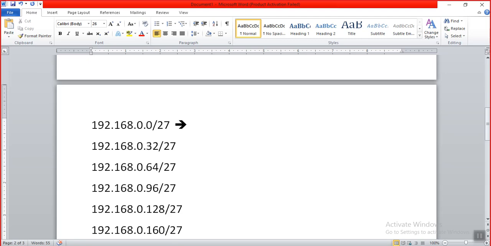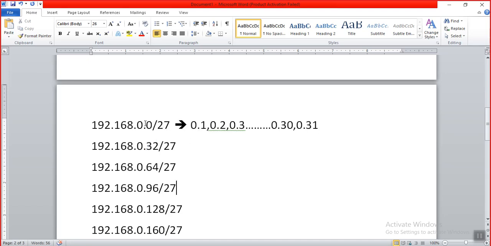Next one is 192.168.0.1. Next one is 0.2. Next one is 0.3. Like this. What should be the last one? Last one is 0.31. So 31 is last because the next network is 32.